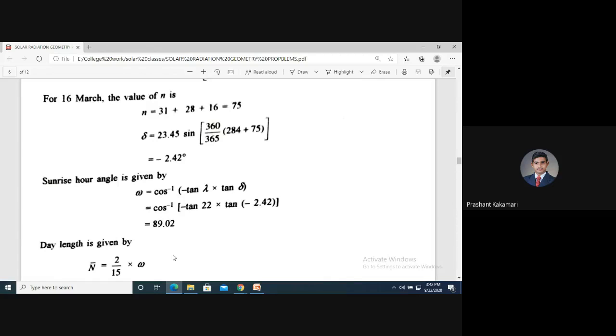Then you can find out the day length, because in this case the day length itself we can assume as the maximum sunshine hours on that day, March 16th.